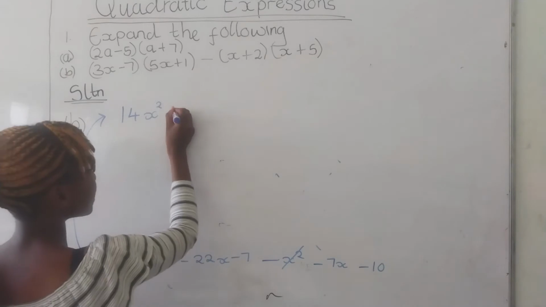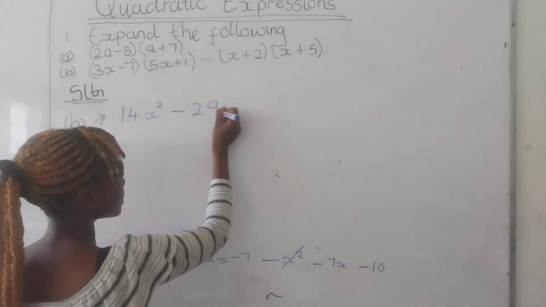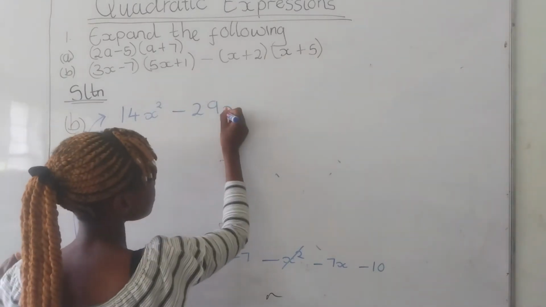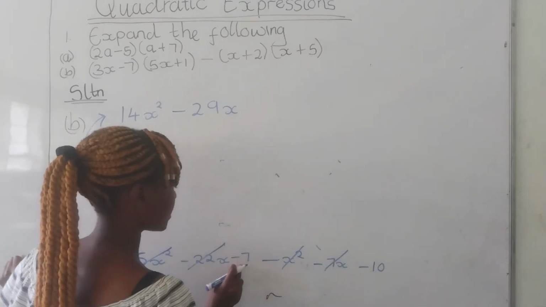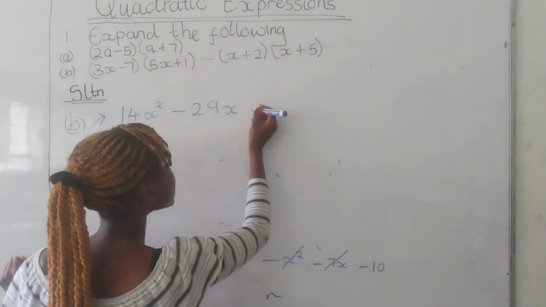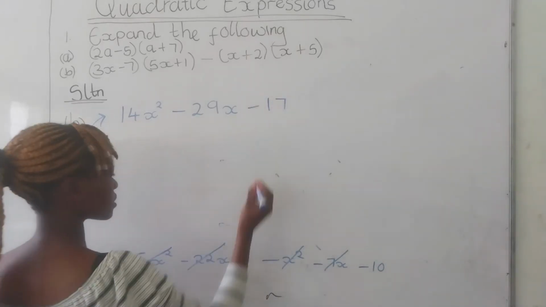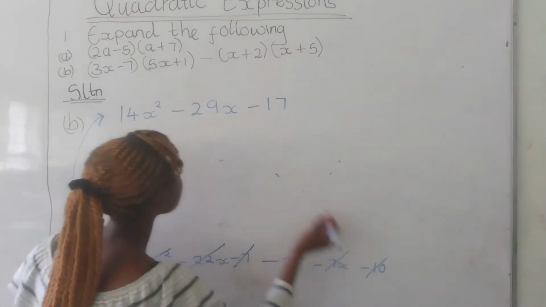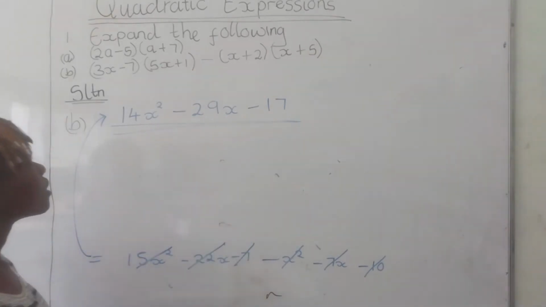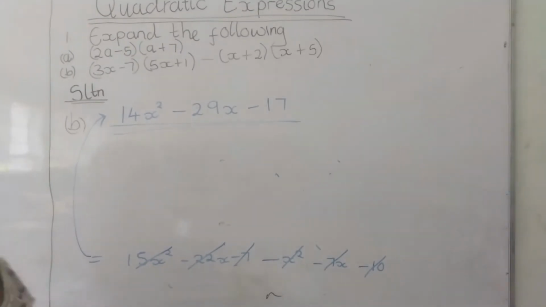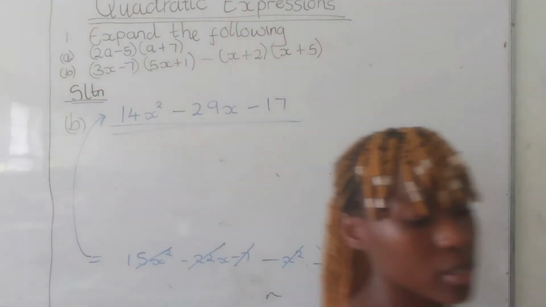We get minus 29x. Minus 7 minus 10, we get minus 17. And so this is our final answer after being expanded. Okay?